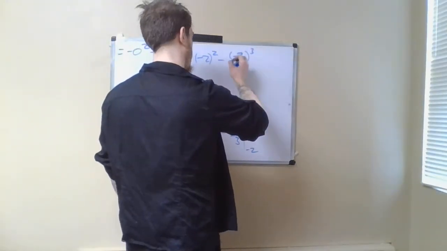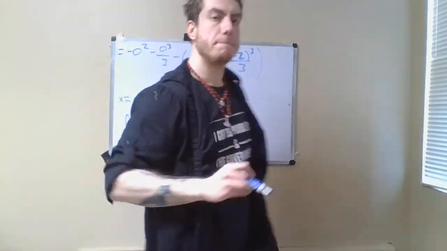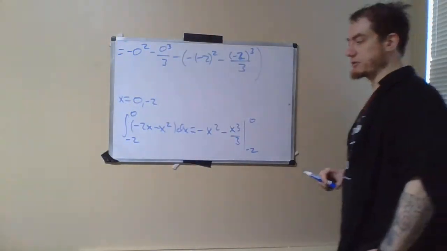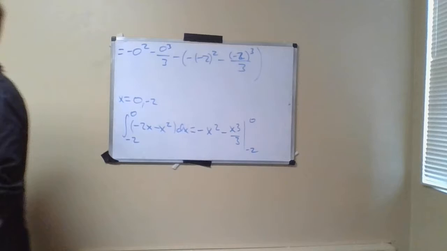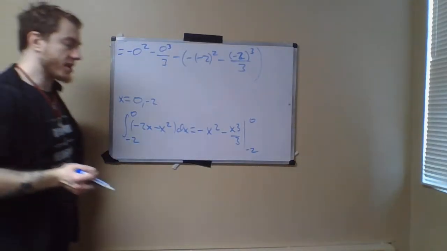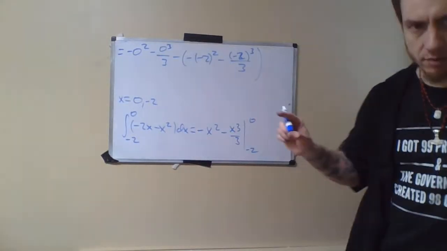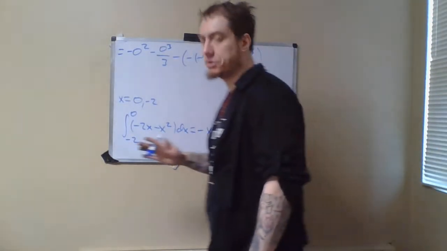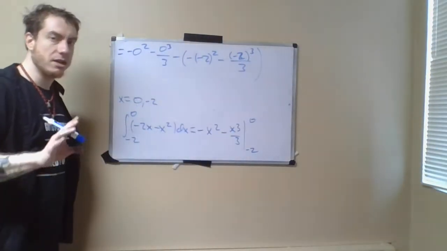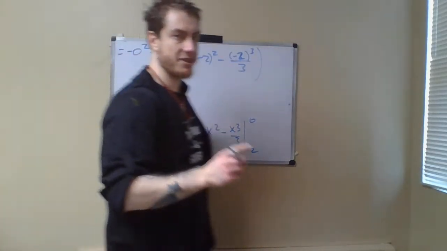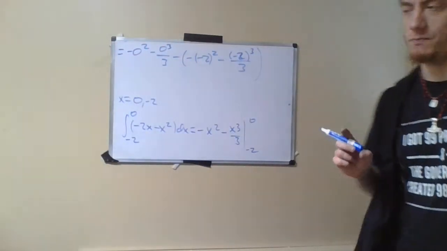-2 cubed over 3. Okay, we have so many negative signs bouncing around here, and I should mention that one of the most common errors that people make, and I don't just mean students, I mean everybody, professors, PhDs, everybody, is losing negative signs. It's really easy to do.